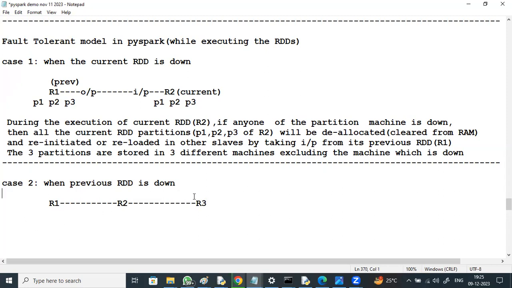When the previous RDD is down, previous means R2 and R3 means current. R2 means previous, R3 means current. Assume this R1 is stored in system 1, this is system 2, this is system 3.